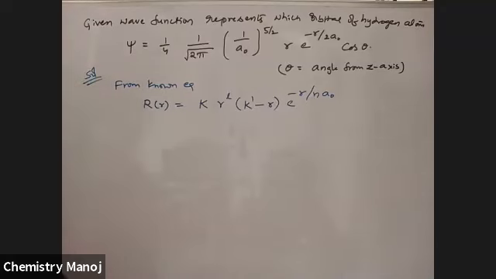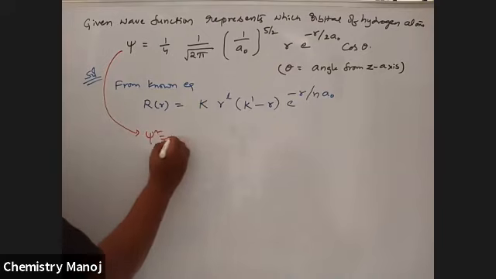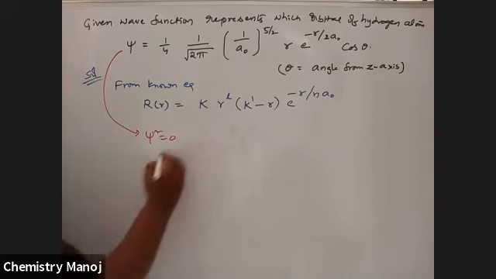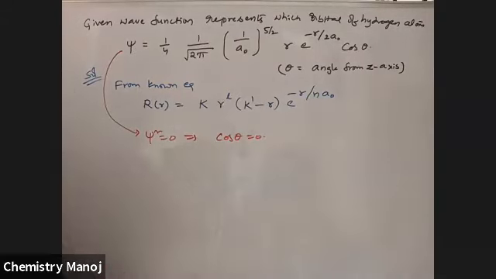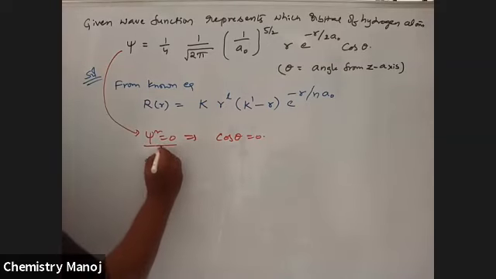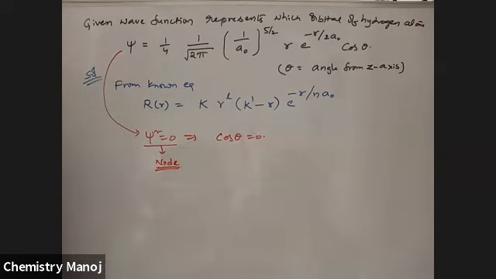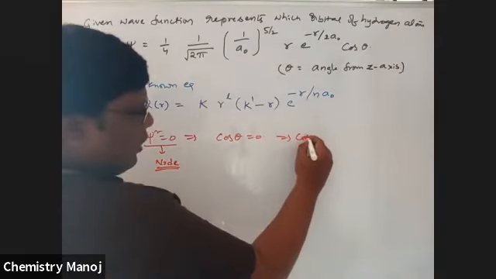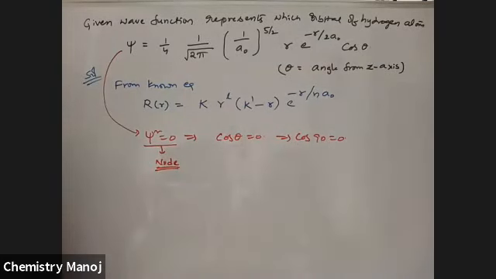So this is the equation. From this, I am going to take psi square is equal to 0. If psi square is equal to 0, cos theta is equal to 0. Cos theta is equal to 0 implies cos 90 is equal to 0.